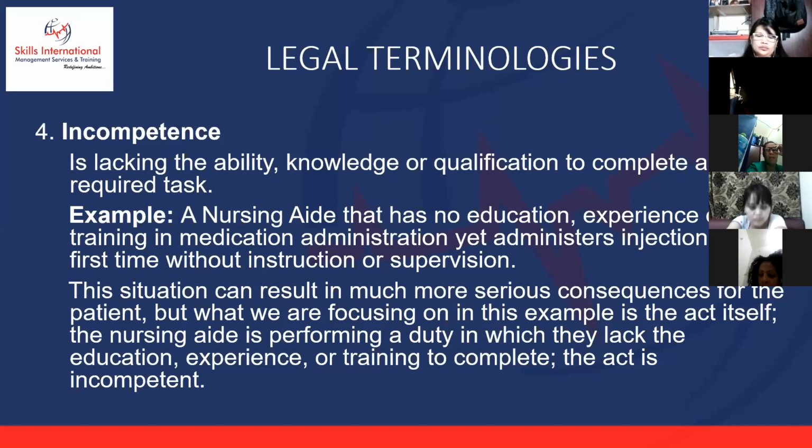For example, taking the vital signs: if you don't know the normal and the abnormal values, how are you going to be competent enough to read the normal and the abnormal reading of the patient's temperature? How are you going to determine whether this patient is already in high fever, or is going to have convulsions or pass out?